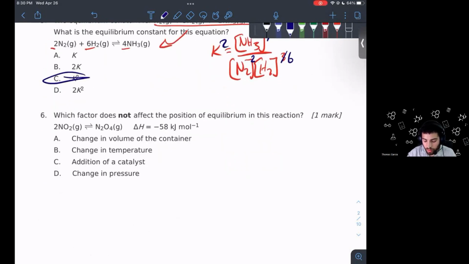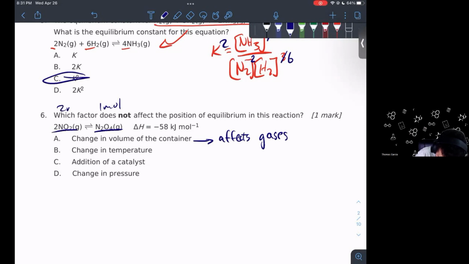All right, which factor does not affect the position of equilibrium in this reaction? So, change in volume. Now, change in volume doesn't affect liquids, it doesn't affect solids, but it affects gases. So if we look at this, we have 1 mole of gas, 1 mole, and 2 moles.